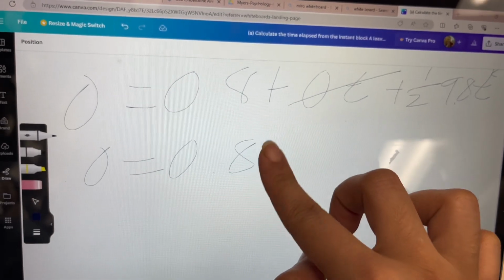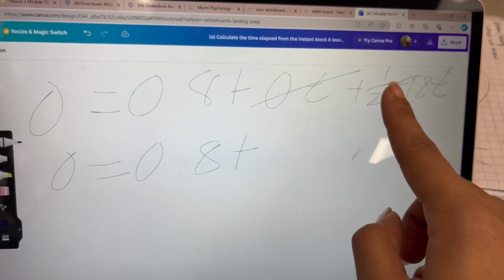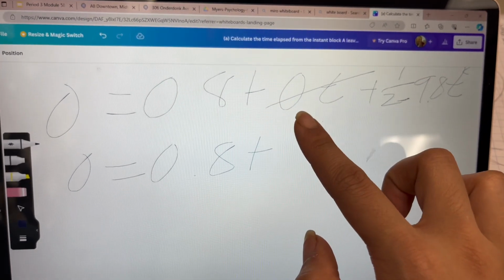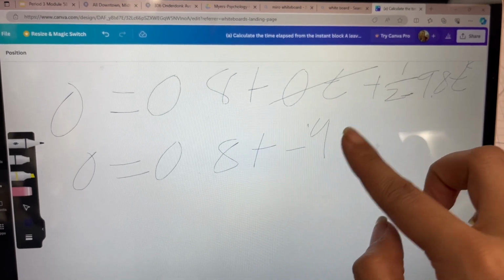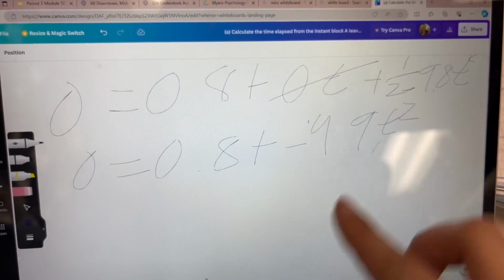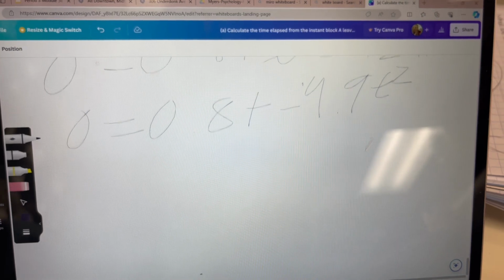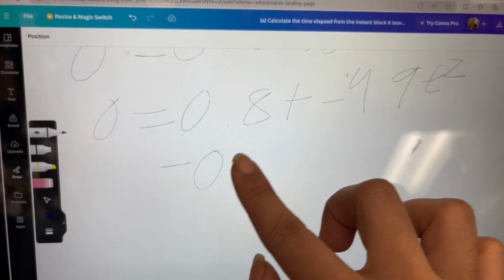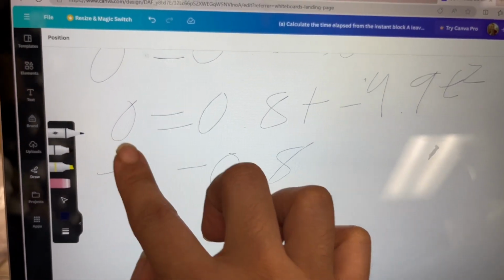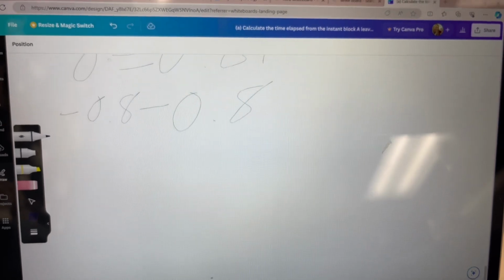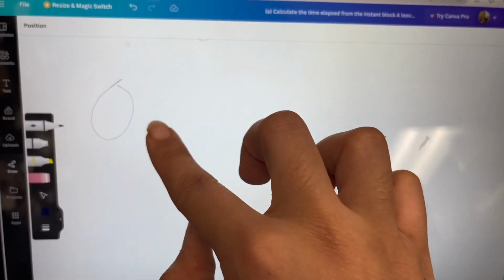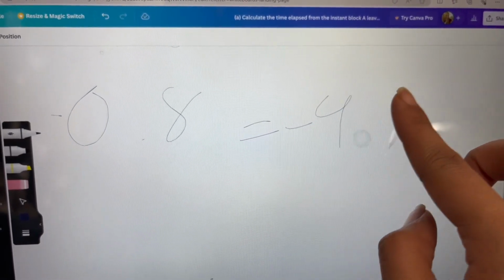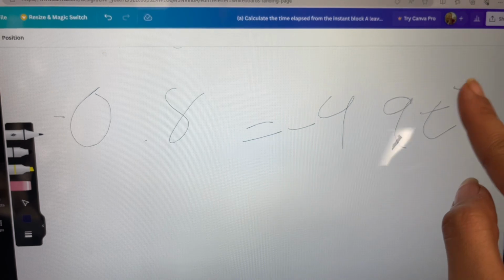So that would be 0 equals 0.8 plus 1/2 of negative 9.8, which would be negative 4.9 t squared. And since we're trying to isolate t, because that is what we're finding in this equation, we can subtract 0.8 on both sides, and then negative 0.8 equals negative 4.9 t squared.